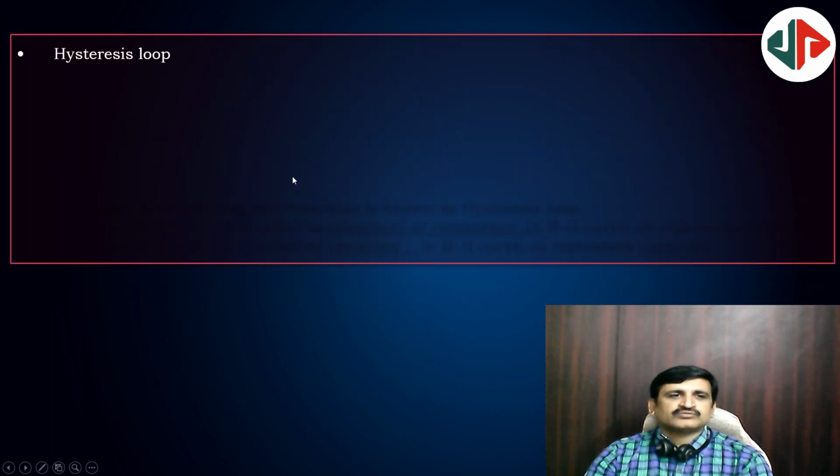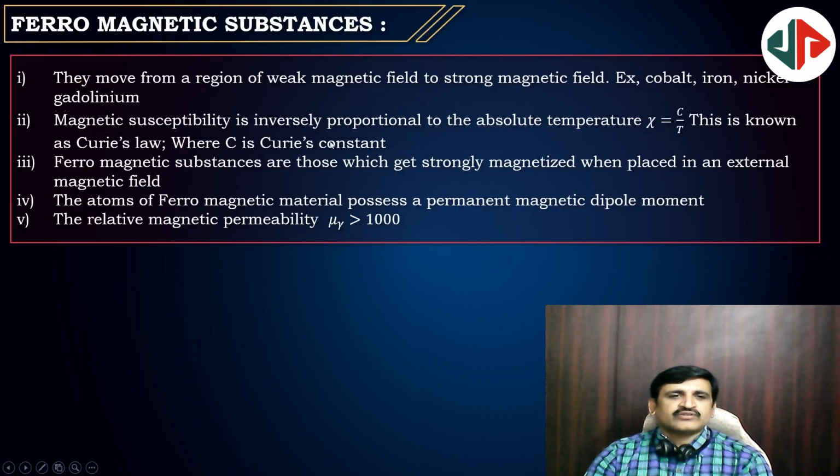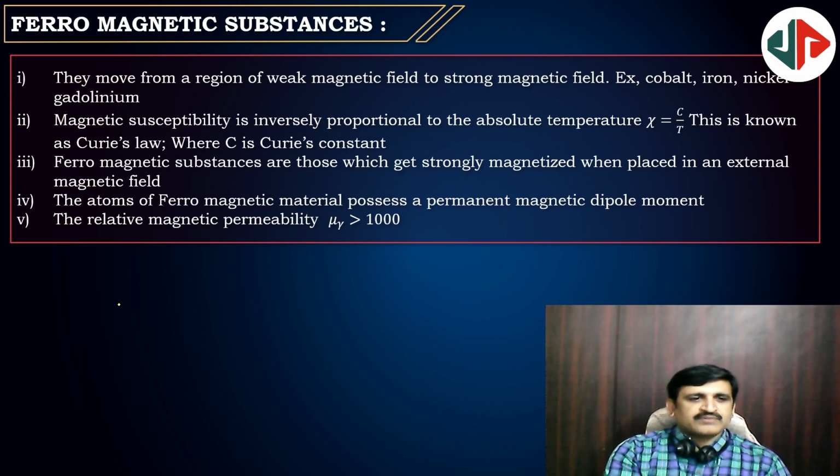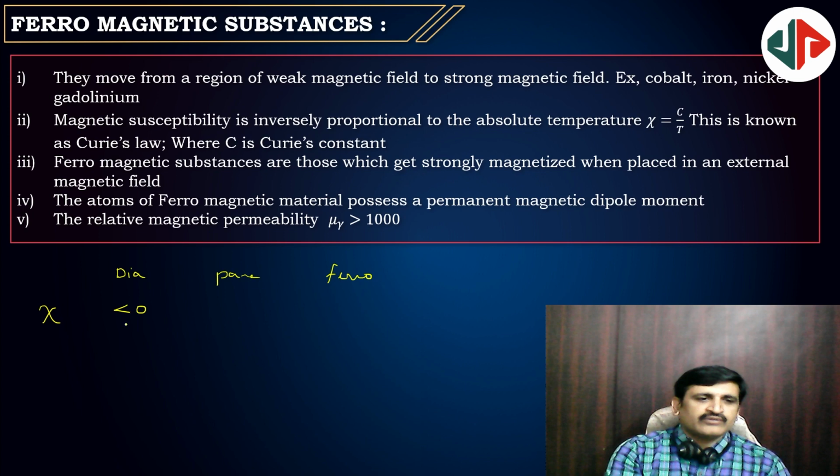Hysteresis loop. Before going to this, I want to tell you something more, that is susceptibility for diamagnetic material, paramagnetic material, ferromagnetic material. Susceptibility, chi. Chi value is negative and small for diamagnetic. This is positive and small.